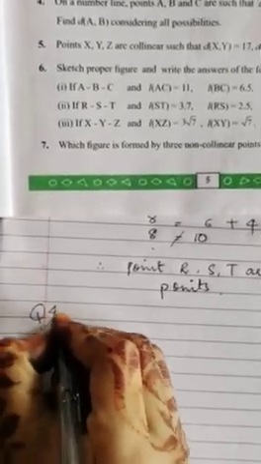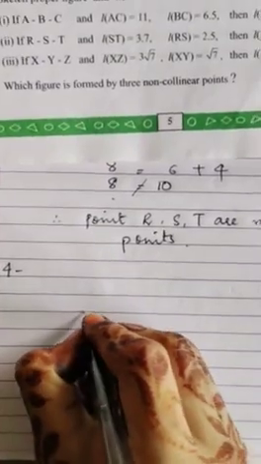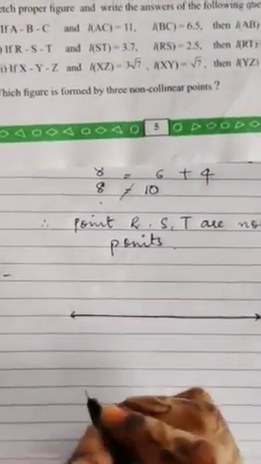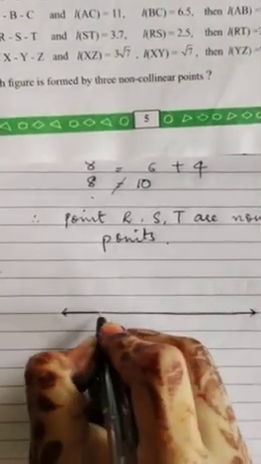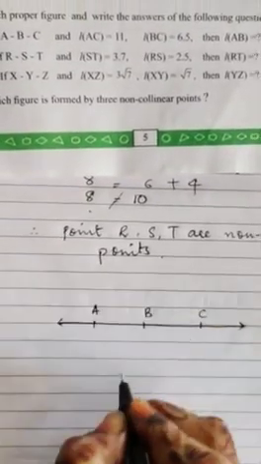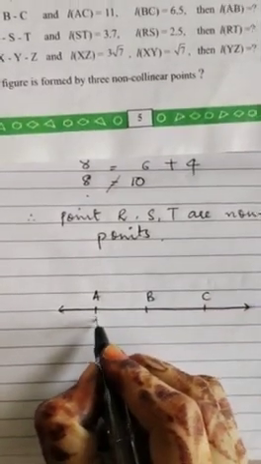That was question number 4. On the number line, points A, B and C. If this is the number line, you have to draw it with a pencil and ruler. Suppose 3 points are there: point A, point B and point C. Distance AC is 10 centimeters. Which distance?